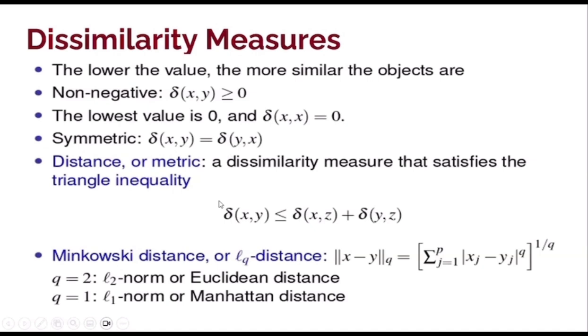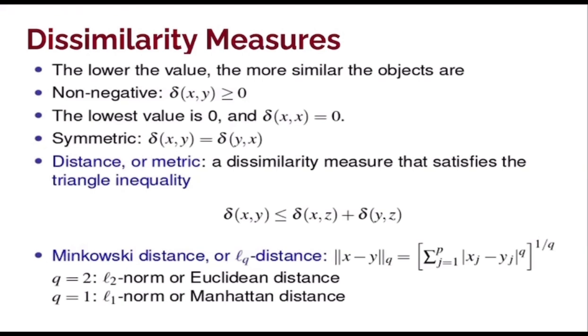If I really want to know whether a particular distance measure is good, it needs to satisfy the triangle inequality: the distance between X and Y should be less than or equal to the distance between X and Z plus the distance between Y and Z. So we have some important measures of distance.